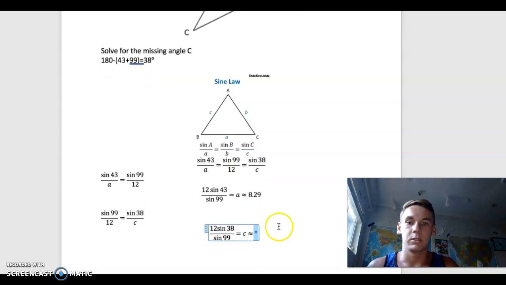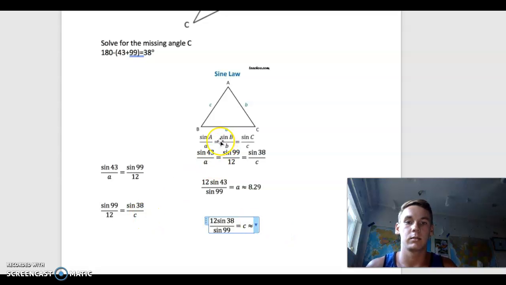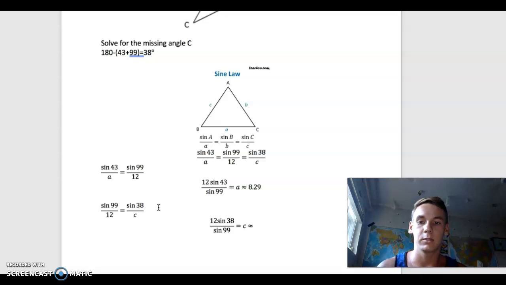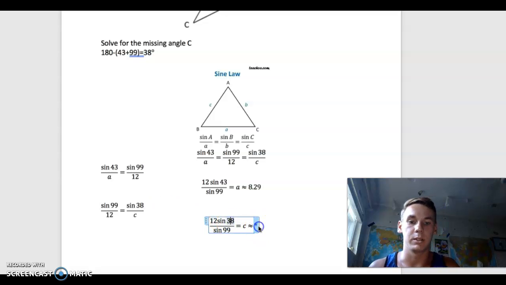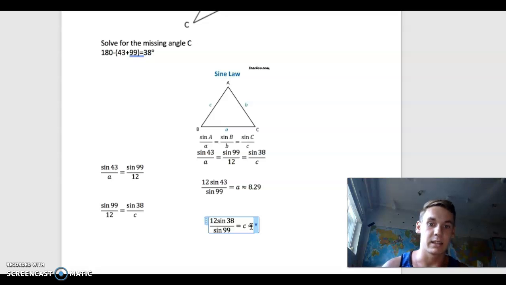Now, next we need to solve for side C. And we are going to use these two equations to do it, which I have laid out right here. Sine 99 over 12 equals sine 38 over C. Now we do the cross multiplying again, and this time we get the equation 12 sine 38 over sine 99 equals C. If you plug it into your calculator, you would just plug in sine 38 times 12 divided by sine 99.